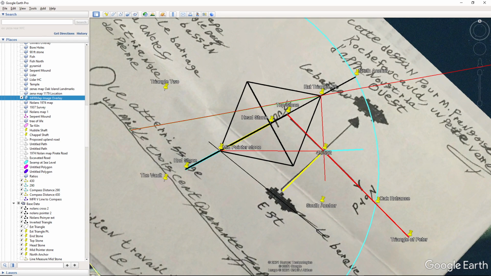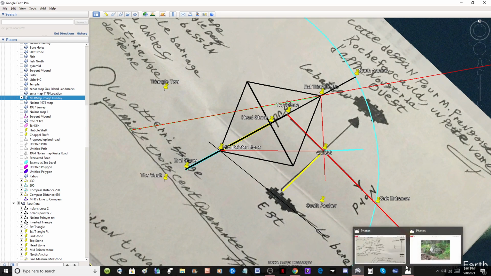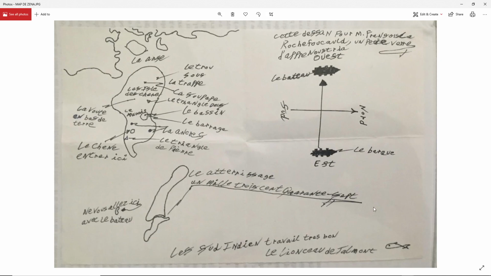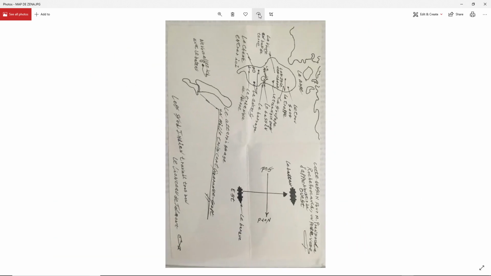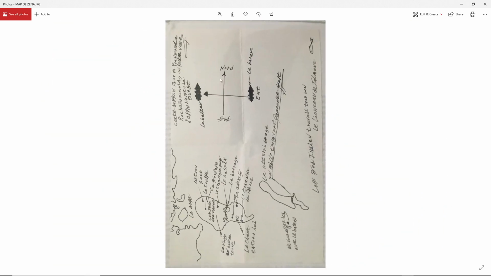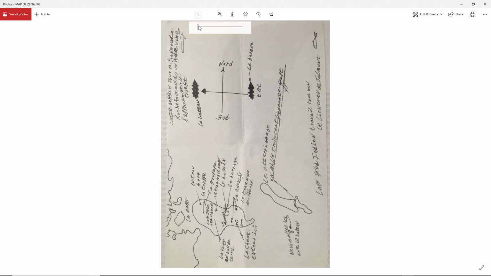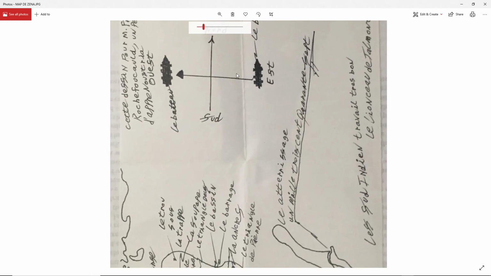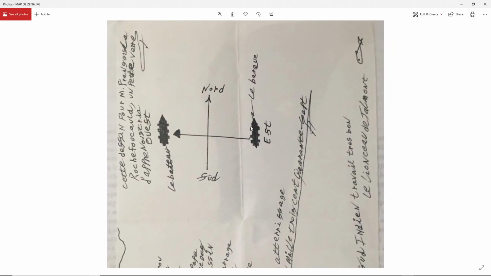So let me go back and look at, I want to show you something on this map. And one of the things that we noticed on this map is that this compass rose right here is not 90 degrees perpendicular. It is, and let's rotate it all the way, it is a little off, like a degree or two, 1.5 degrees or something like that.